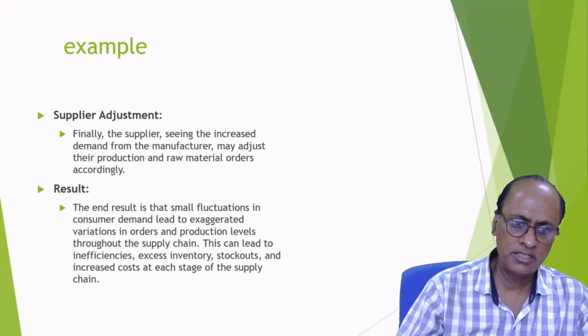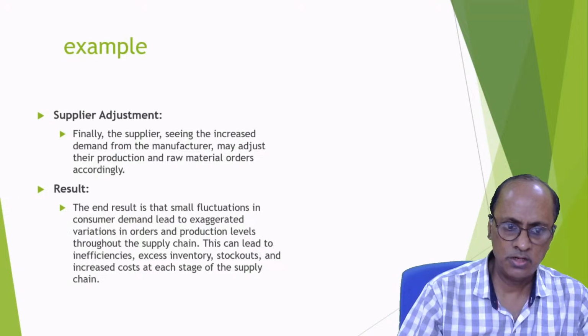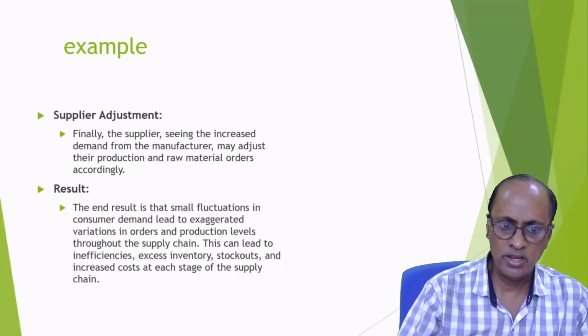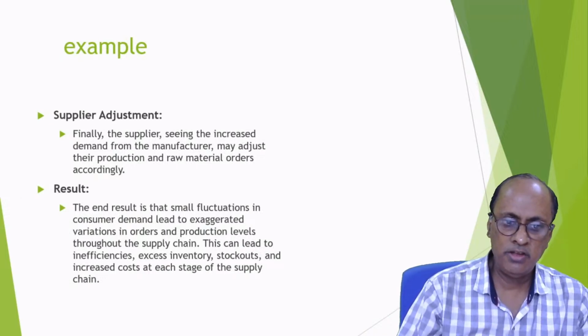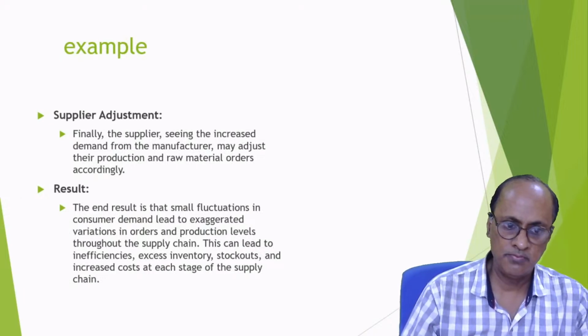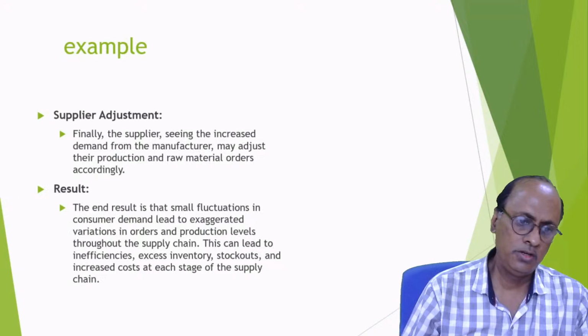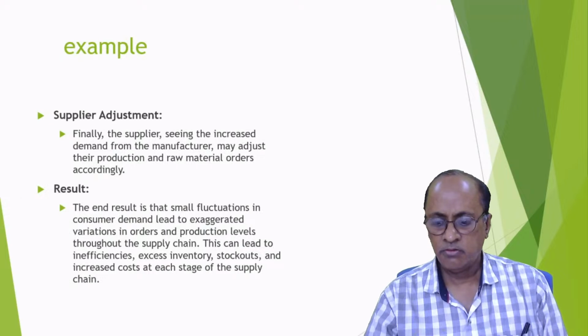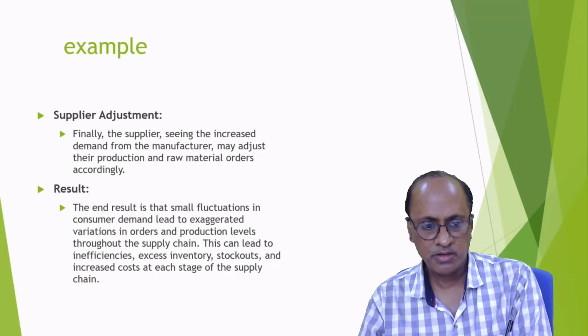The end result is that small fluctuations in consumer demand lead to exaggerated variation in orders and production levels throughout the supply chain, and this leads to inefficiency, excess inventory, stockouts, and increased cost at each step of the supply chain.